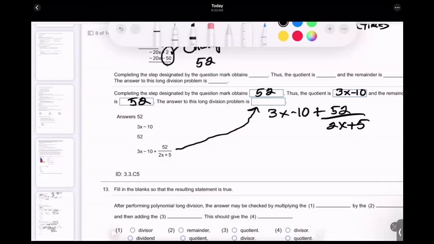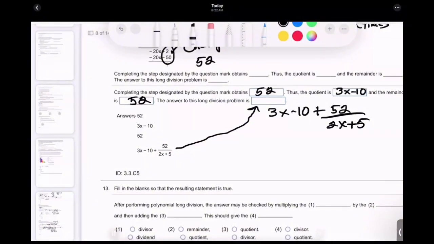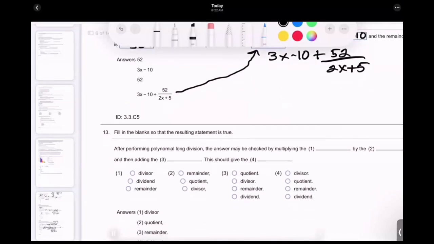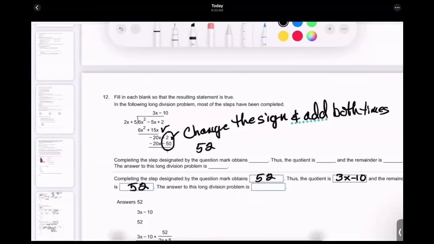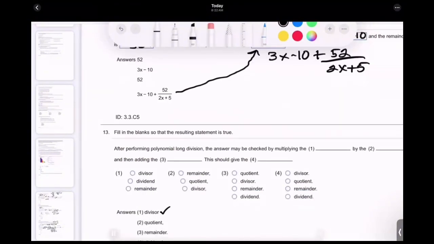Does anybody have any more questions about 12? Because I'm gonna move on, I'm running out of time. Okay. This literally gives you the answer. Okay, there we go. So this is the progression that you follow.